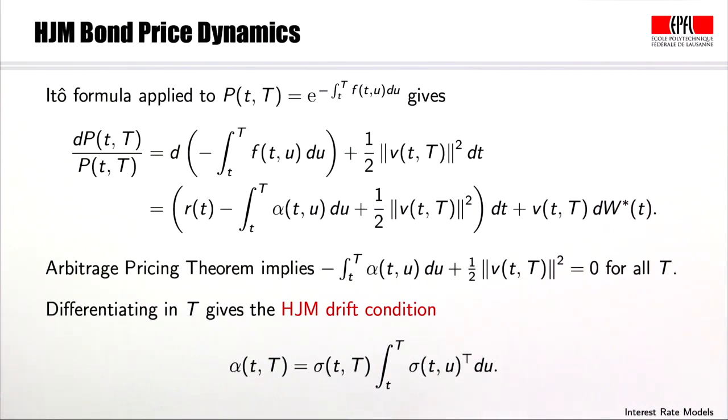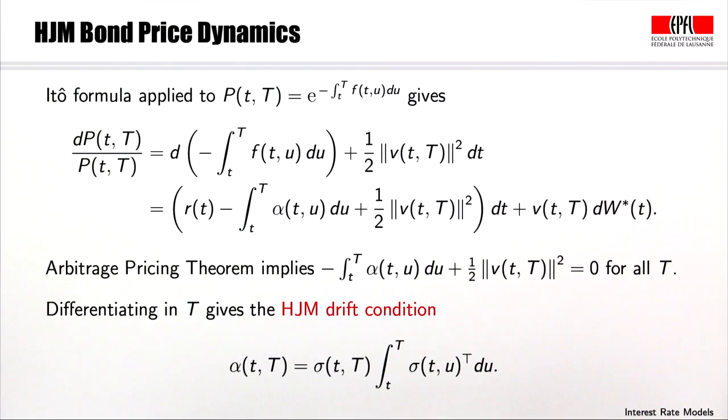From the arbitrage pricing theorem, we know that the expected rate of return, the drift of the T-bond under the measure Q, has to be equal to the short rate. But this implies that minus the integral of alpha du plus 1/2 squared norm of V has to be 0.